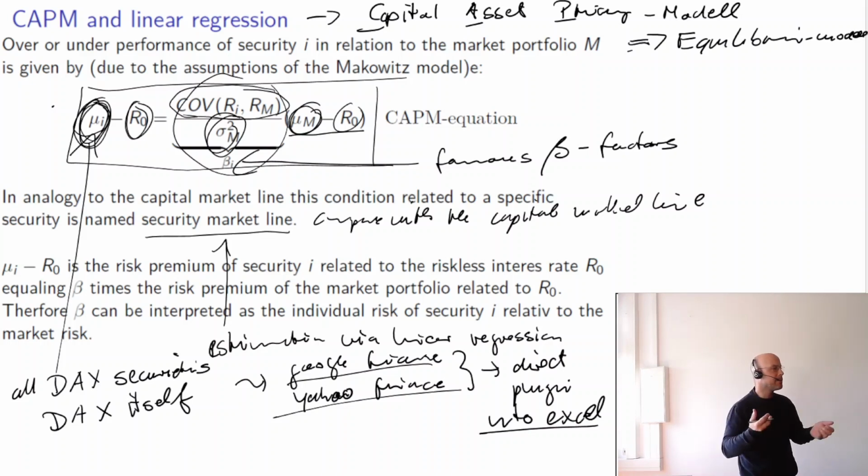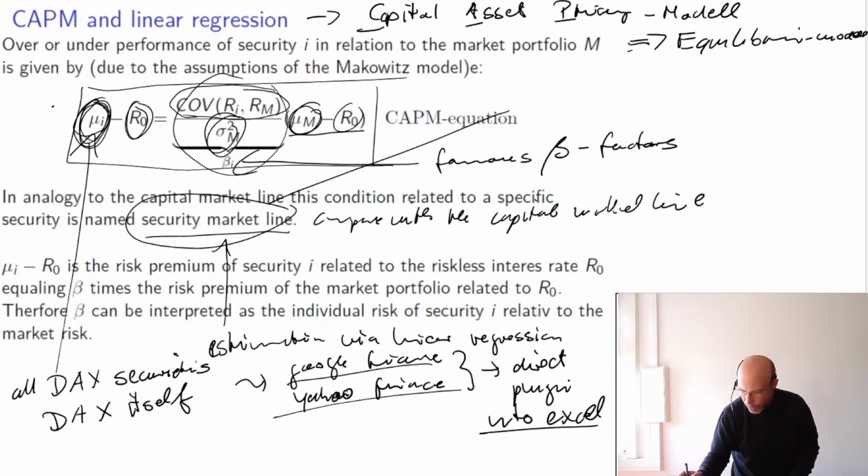more or less in the same conceptual way as we deduced the capital market line, you obtain a security market line which measures the risk of every single security, of every single investment, in relation to the market risk. So this was our market portfolio in the Markowitz model.